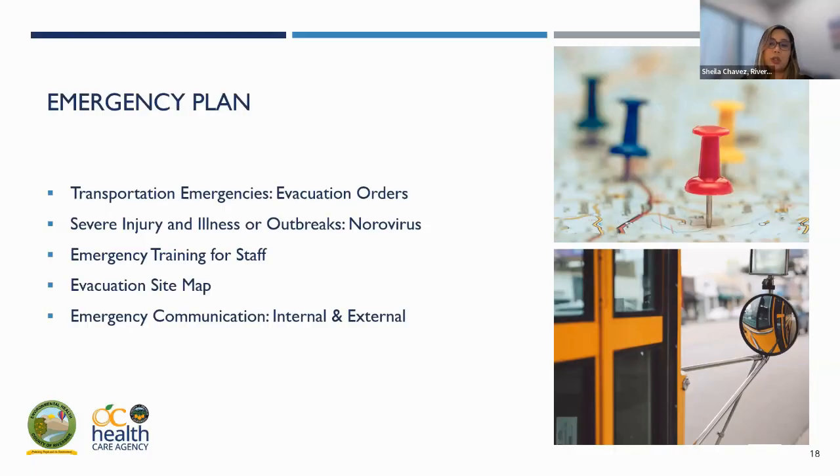Emergency training is also essential. Staff should be routinely trained on illness reporting, outbreak response procedures, PPE use, cleaning and disinfection, and emergency communication. Regular drills or tabletop exercises are helpful to reinforce these expectations before an actual event happens.